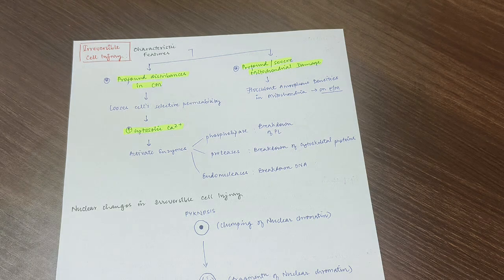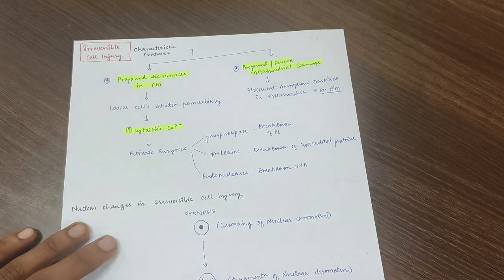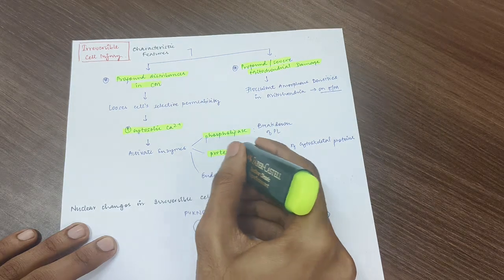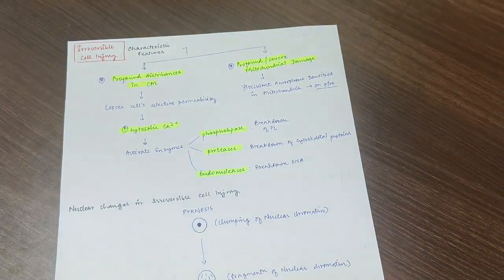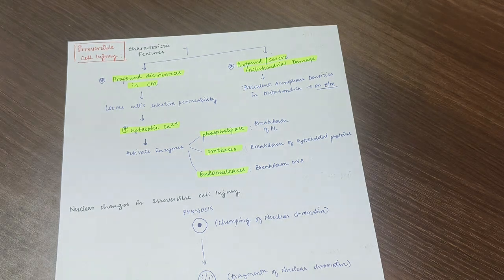If increased cytosolic calcium is seen, what happens? It activates enzymes. So what are the enzymes activated? Phospholipase, proteases and endonucleases. These are the three enzymes activated in irreversible cell injury. What does phospholipase do? It will break down the phospholipids seen in the plasma membrane, that is the cell membrane.